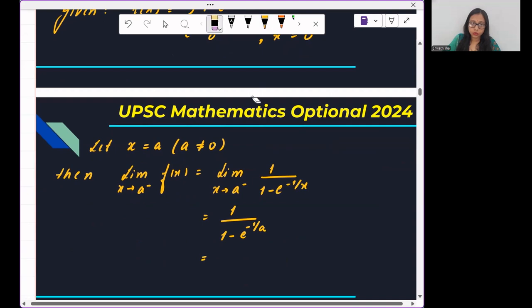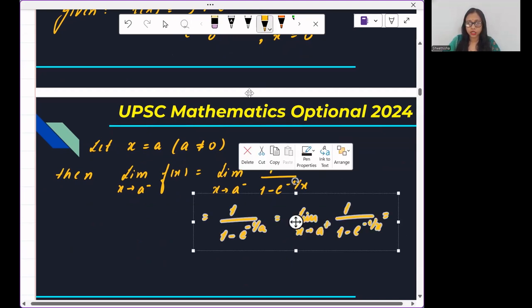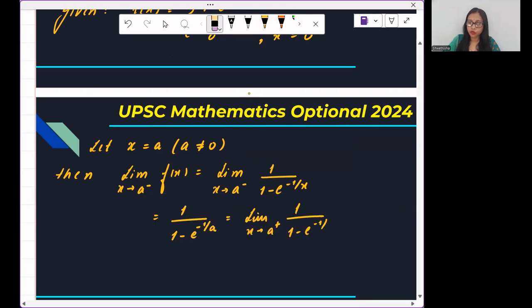That is equal to limit x tends to a positive also. That is equal to your right hand limit. Just mention it, because they are saying to discuss for all values of x. So you will not just discuss for 0. Mention that for all values other than 0, it is continuous.